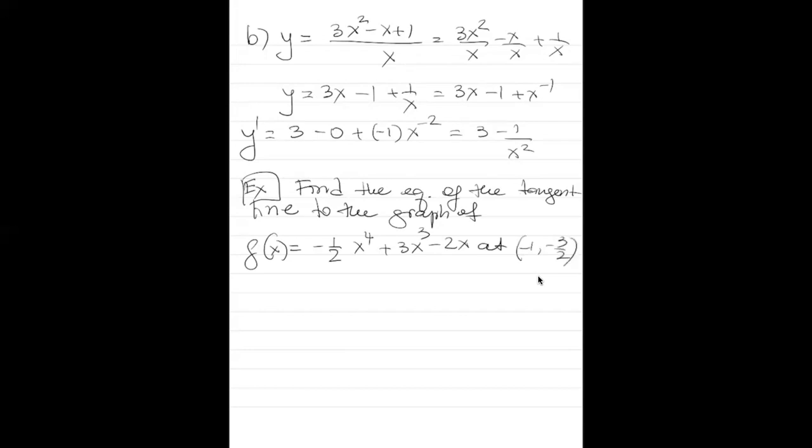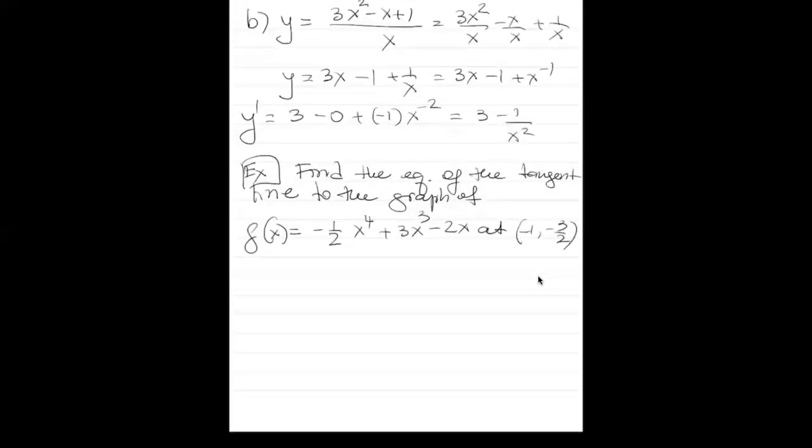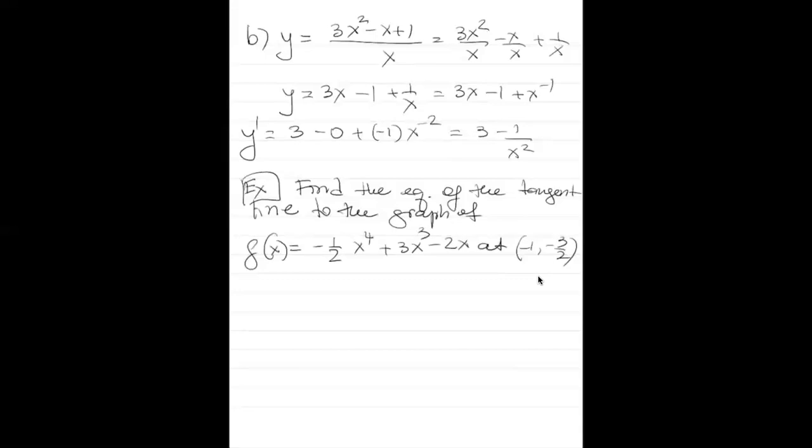So we have some polynomial graph, it's continuous, and we want to find the equation of the tangent at that given point. We know that the slope of the tangent line is the derivative. So we don't have to use that limit definition, we're going to use the power rule.